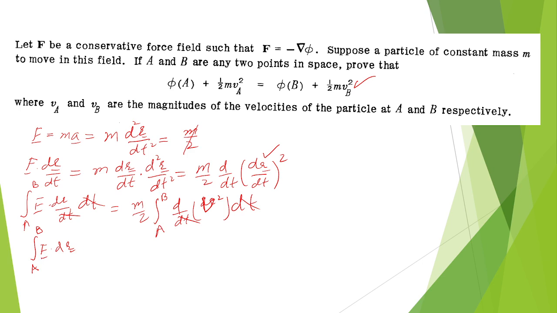And so this is in fact the work done from A to B by the field. And here we have m over 2, and the differential and integral cancel, v square from A to B. So this is equal to m by 2 v at B square minus m by 2 v at A square.